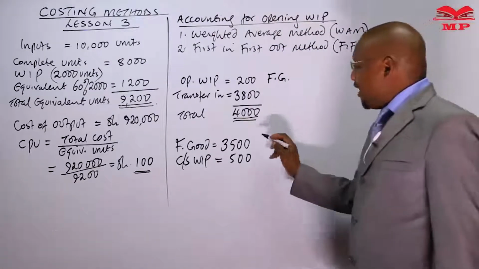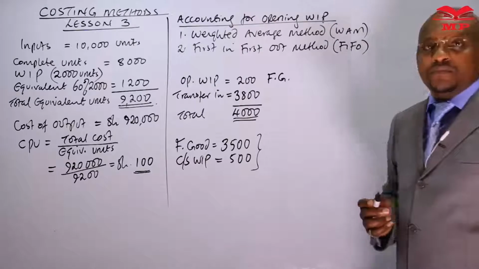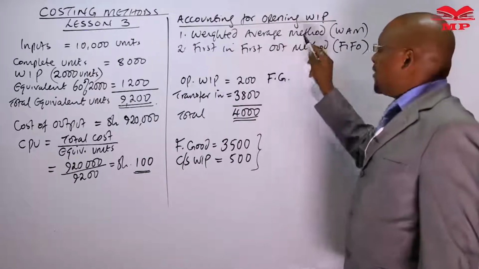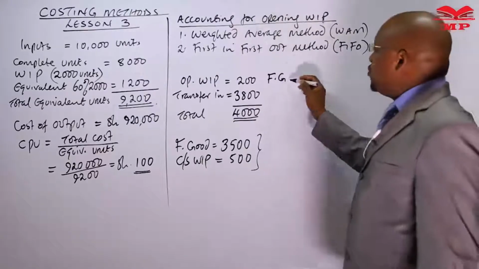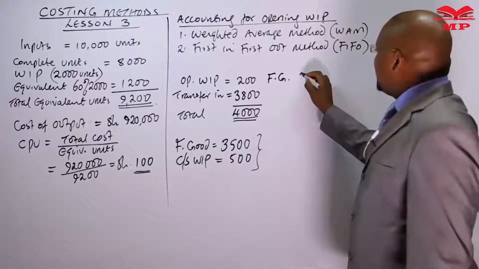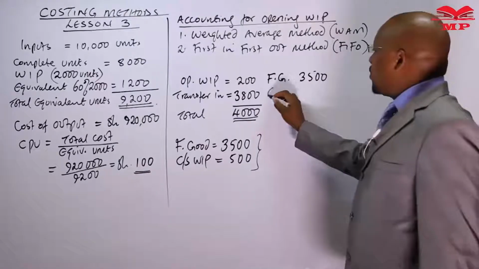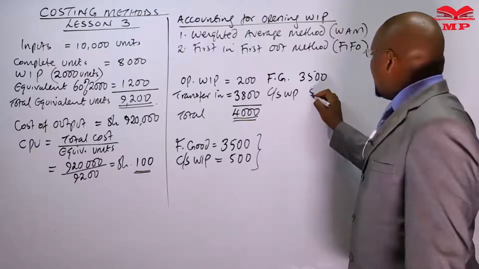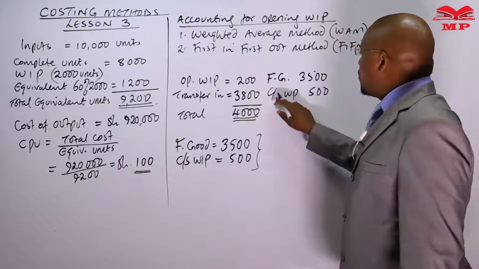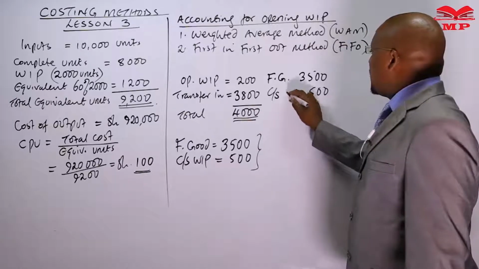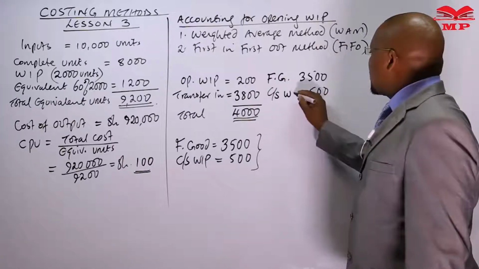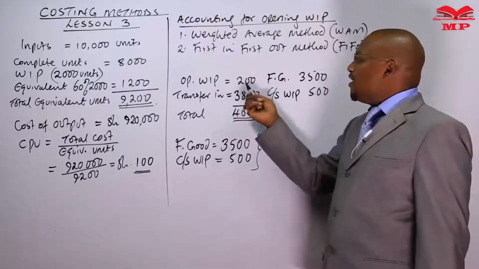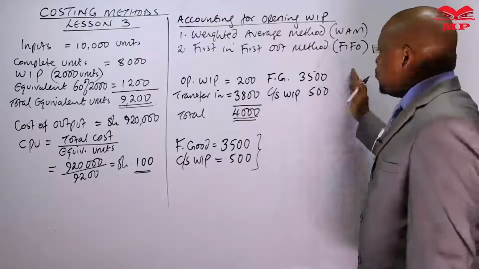The treatment of this, if we are doing the weighted average method, is that the finished goods shall be the same 3,500, while the closing work in progress shall be the 500. Looking at what I have presented here, this tells you that we have lost identity of these 200 units on our output.